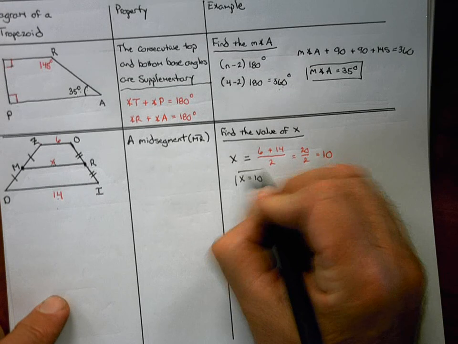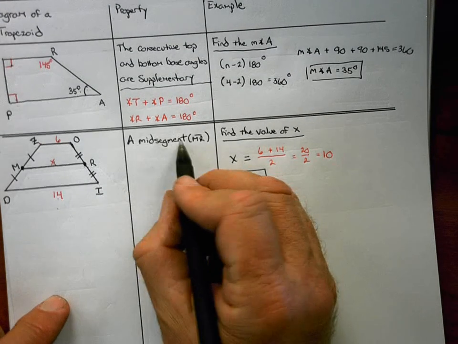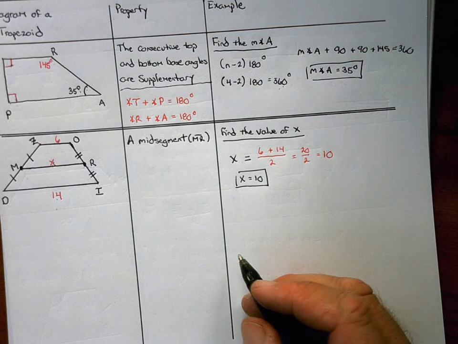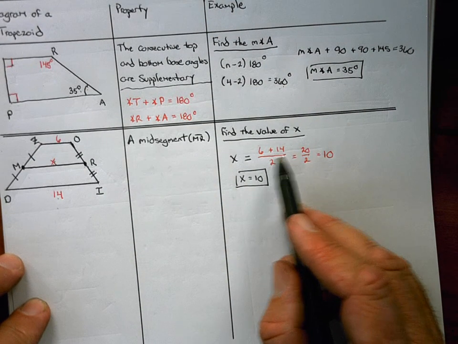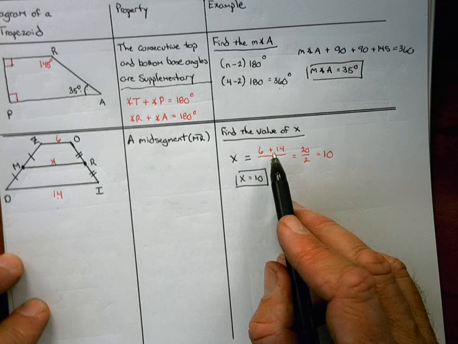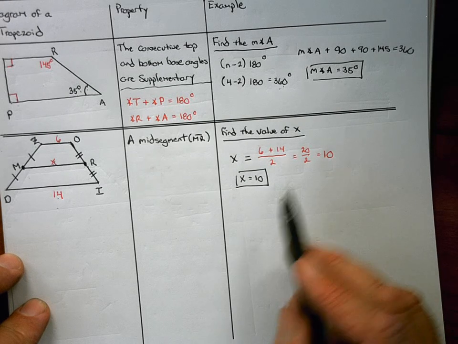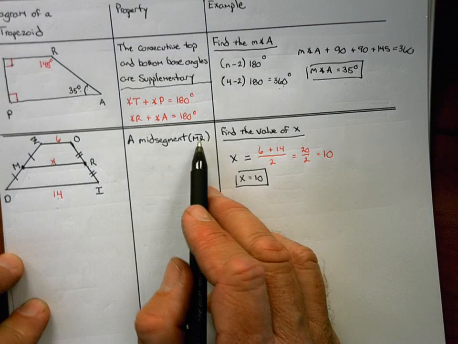Okay? So what's the property? A mid-segment, how do you find how long a mid-segment is? You add up the two what? Bases, and then divide by 2. And we're going to write that out in words, but we're going to make it sound smart.